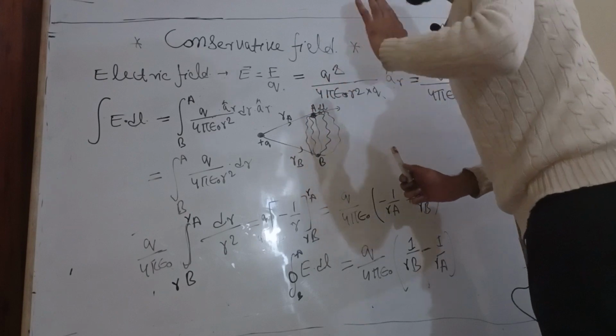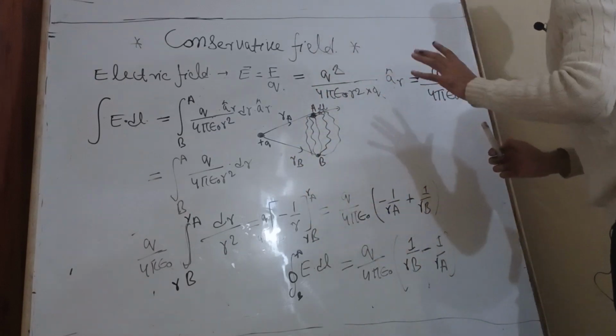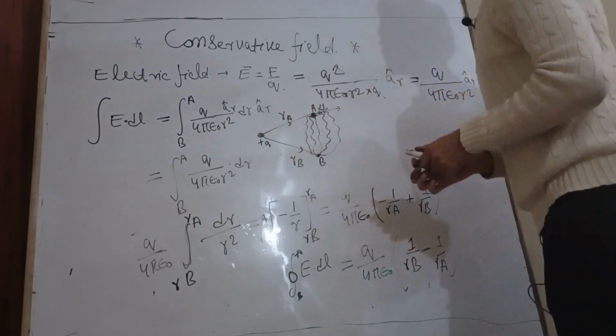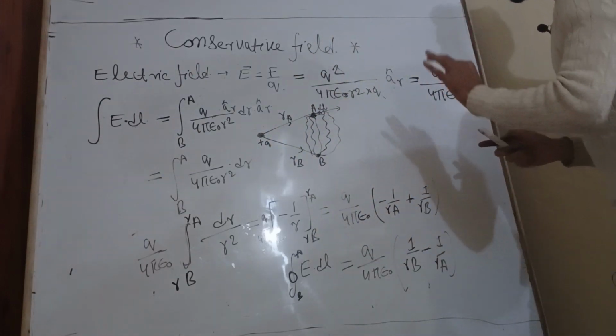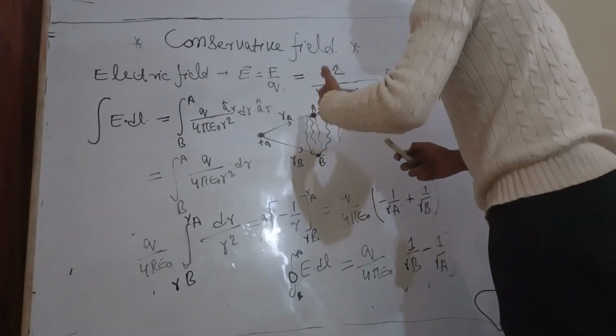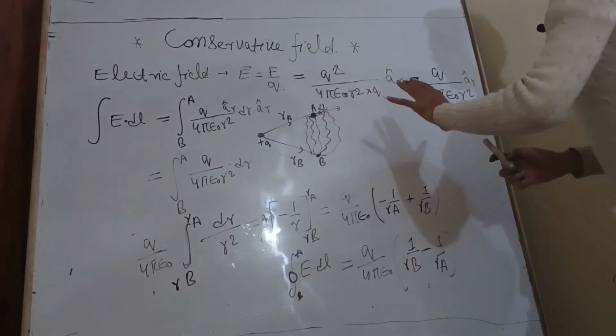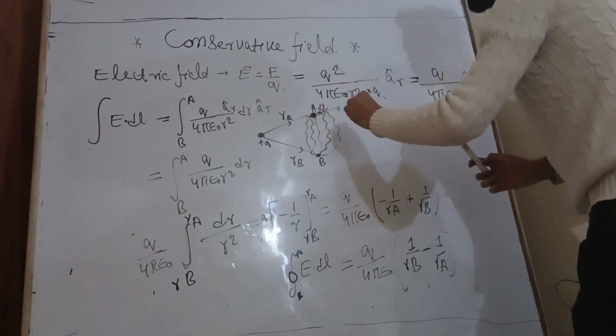that whenever we apply a force to a particle moving from one position to another, the work depends only on the initial and final position, and it does not depend at all on the path.